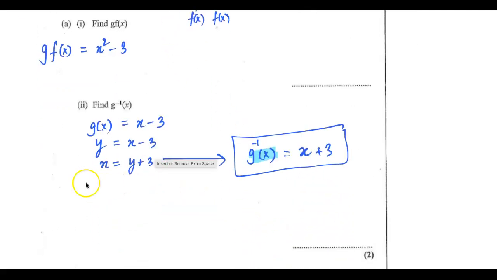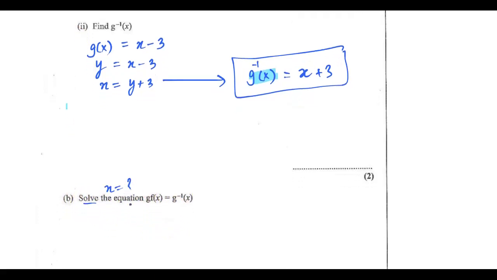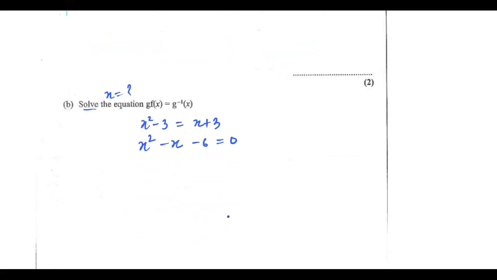Okay, let's go ahead. We have one more part here. It says solve the equation. Solve means we have to find the value of x. So g of f of x, that was x squared minus 3. x squared minus 3 is equal to x plus 3. Move numbers, so x squared minus x minus 6 is equal to 0. We have to solve that.